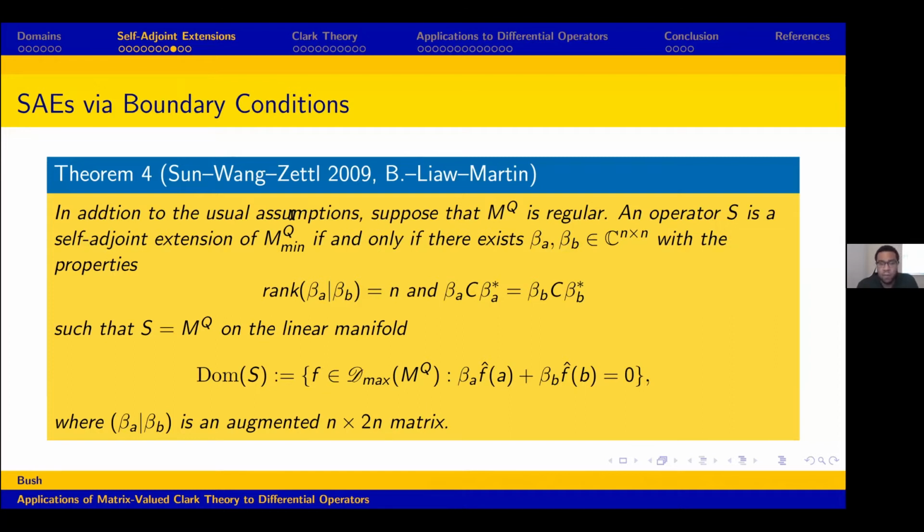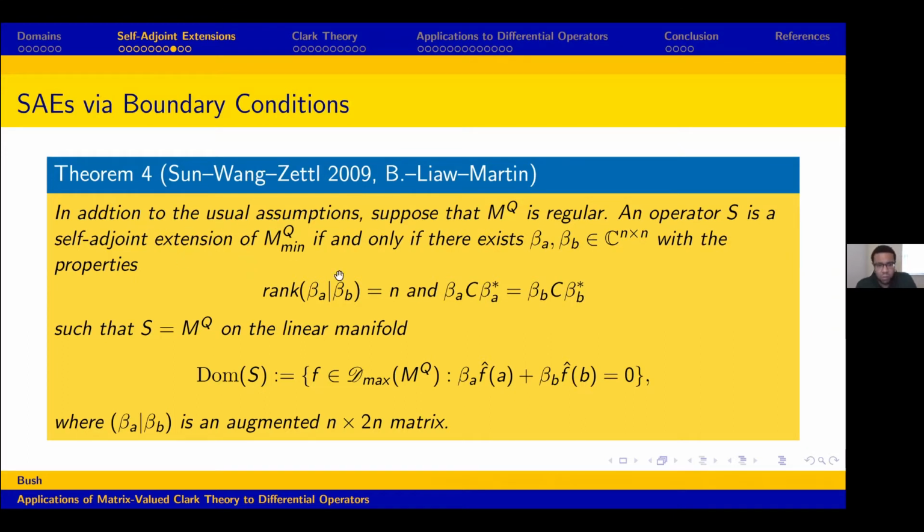And what ended up happening was, when we were looking through the literature, we found a different group that had a subset of the result we needed. So we ended up generalizing what they did. And then like 2 weeks later, we found Sun, Wang, and Zettl had already done it, but we did it in a different way. So it was one of those things where we reinvented the wheel without realizing that it had been reinvented, or that it had been invented already, rather.